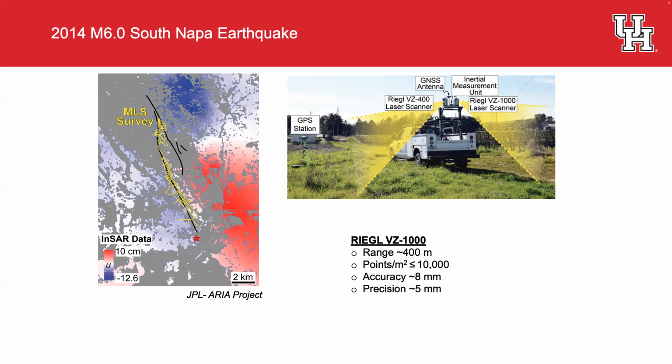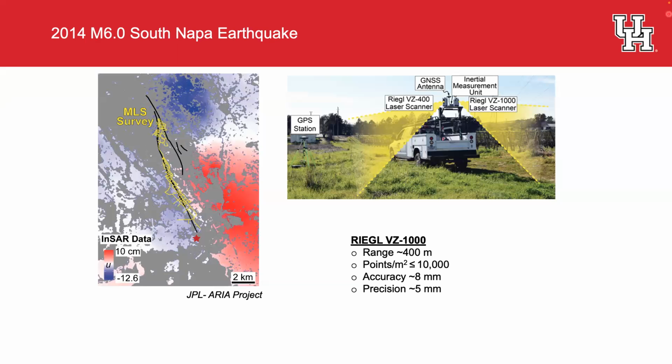You have an initial motion, and then usually for months or even years afterwards, the ground continues to relax at a slower rate, kind of like an exponential decay, until it stops. So right after the earthquake, we collected an MLS survey, and then came back about a month later and did the exact same route again. We estimated that in some areas we would see maybe 5 or 6 centimeters of motion between the two MLS surveys.